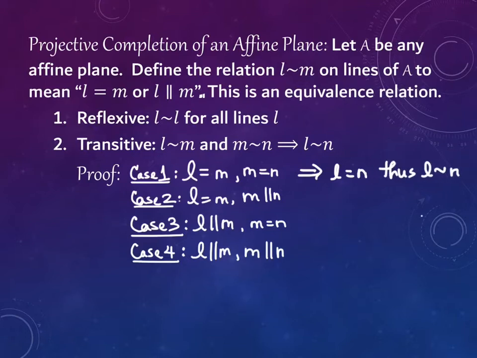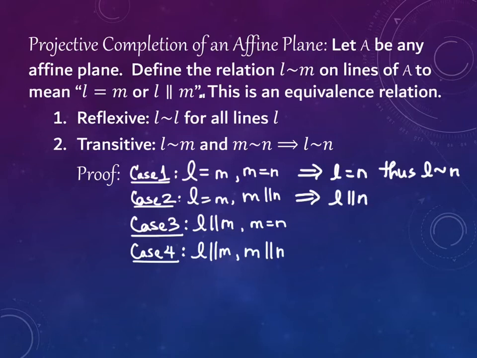Okay. The next one, we have L is equal to M, and M is parallel to N. So if this happens, then what's going to happen between L and N? If L is equal to M and M is parallel to N, what can you tell me about L and N? They are parallel, you bet, because L and M are the same thing.